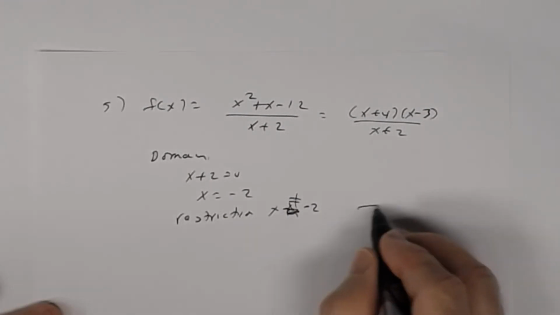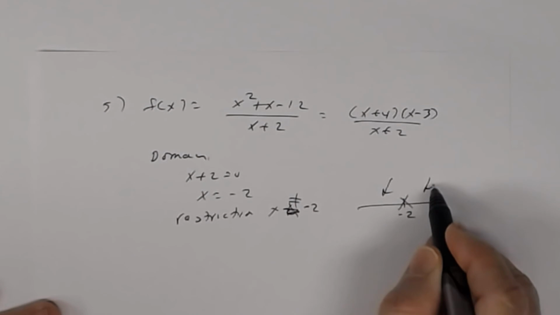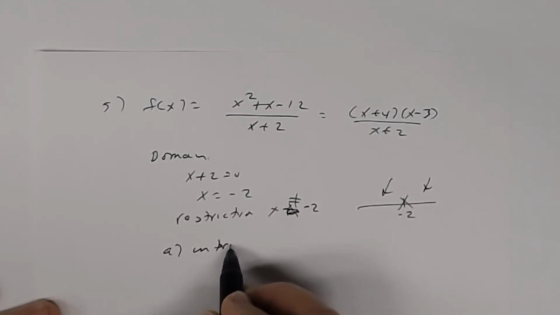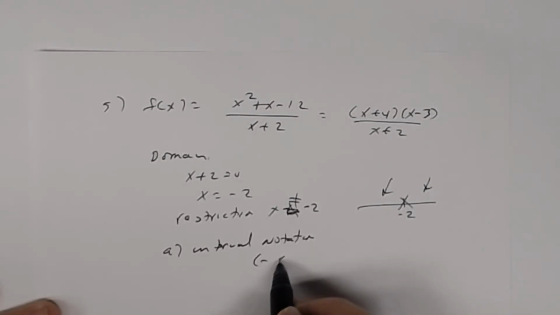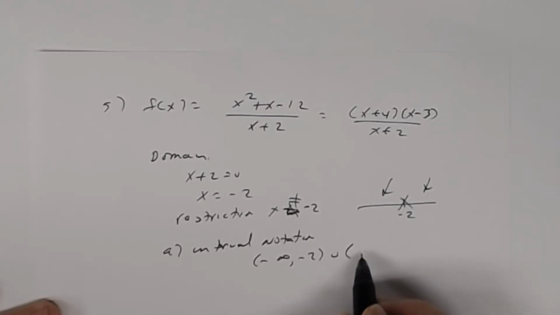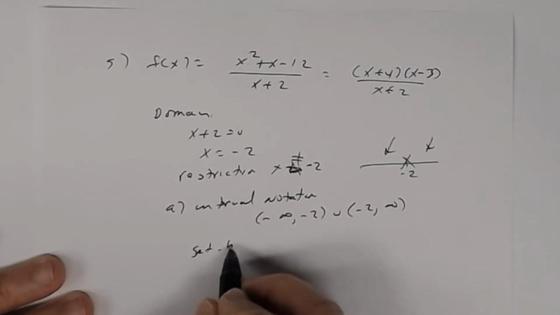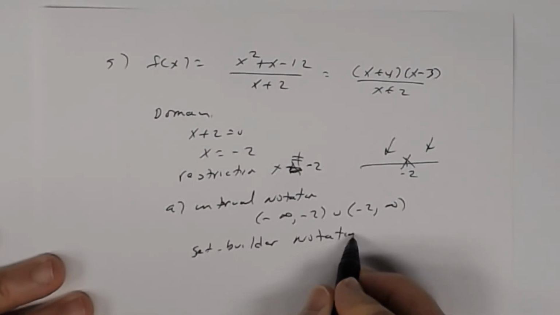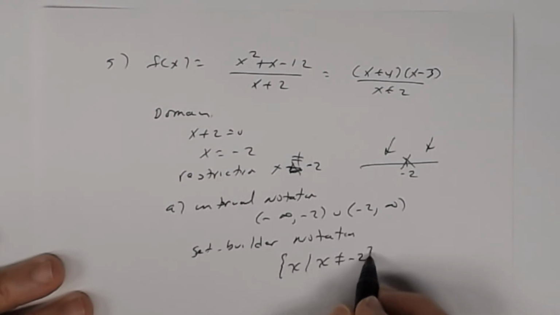So x cannot equal negative 2. On the number line, this restriction divides the number line into two intervals. So your domain in interval notation is negative infinity to negative 2 union negative 2 to infinity. All right. And then in set builder notation, you're going to say the set of x's such that x does not equal negative 2.